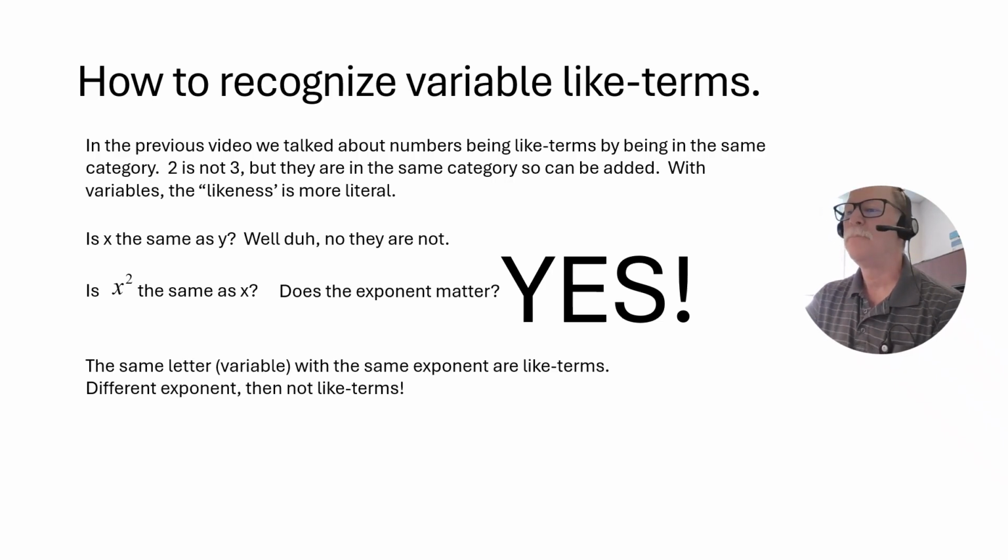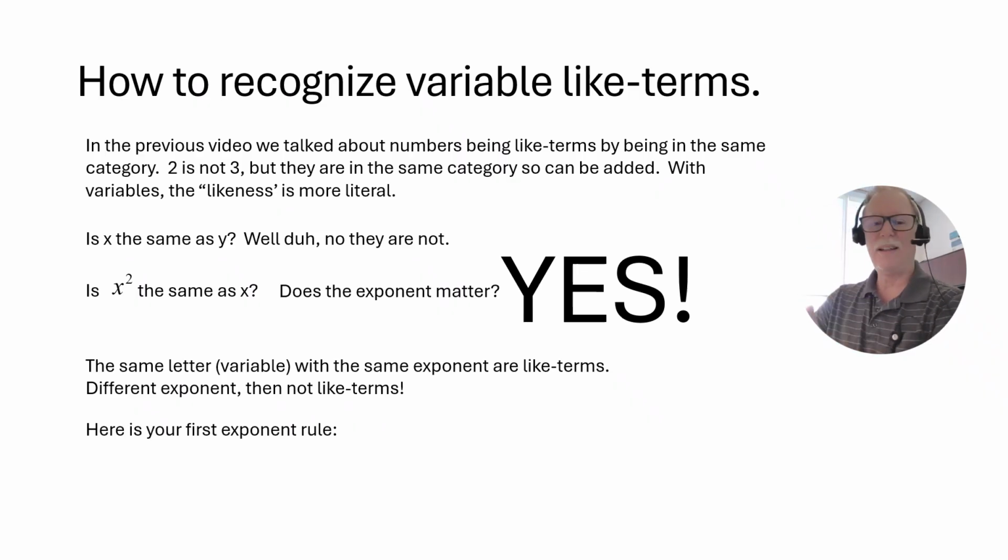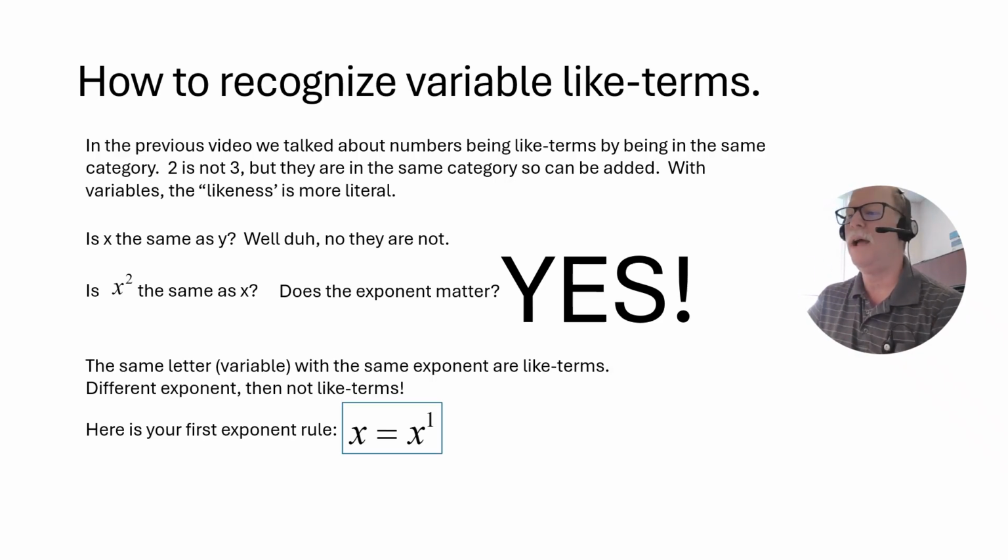So different exponent, they are not like terms. That leads us to our first exponent rule that I have right there that you may or may not know about. We don't write the one exponent with just the single letter. So x, or any variable, is always to the first power. There you go, first exponent rule.